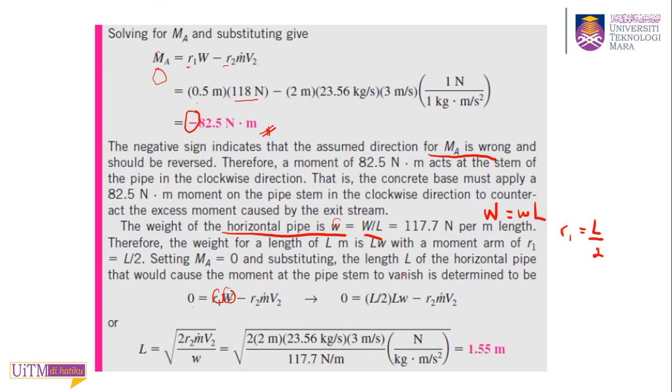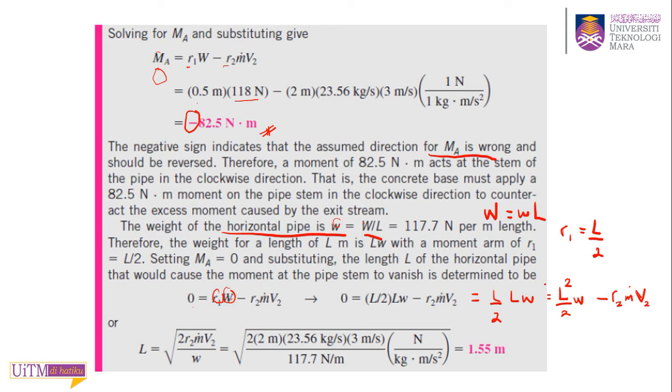R1 L over 2 times big W, which equals wL. So you have L over 2 times Lw. So this will give you L squared over 2 times w minus R2 M dot V2.